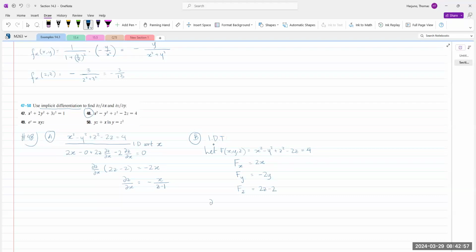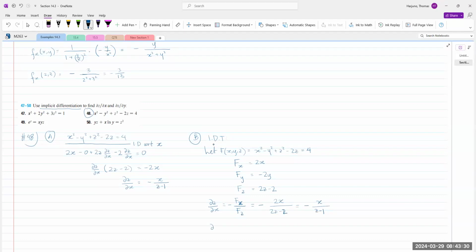So ∂c/∂x is equal to negative partial with respect to x over partial with respect to z, I'm sorry, over partial with respect to c. Which is negative of 2x over (2z minus 2), and you see the 2 cancels, right?